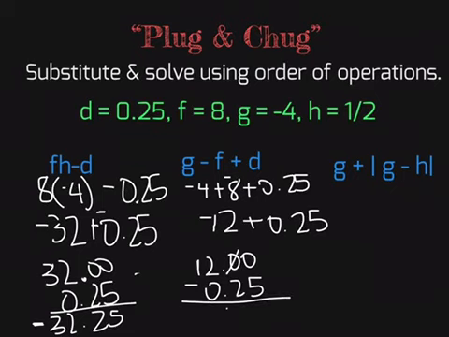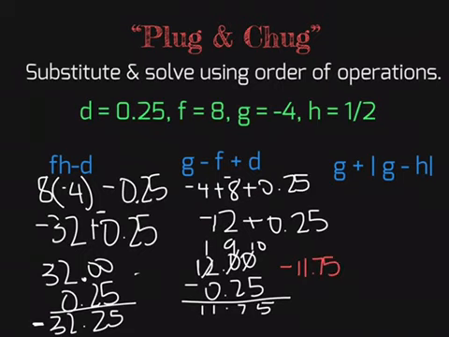And then I need to borrow. 10 minus 5 is 5. 9 minus 2 is 7. And then 1 minus 0 and 1 minus nothing. So I did my subtraction, and then I go back and look. My biggest number, absolute value, was 12, and that's negative. So my final answer is going to be negative 11.75.